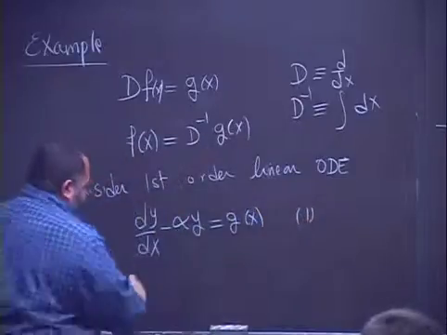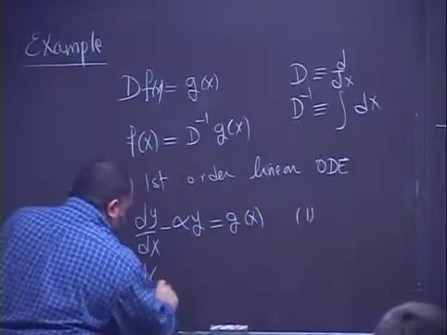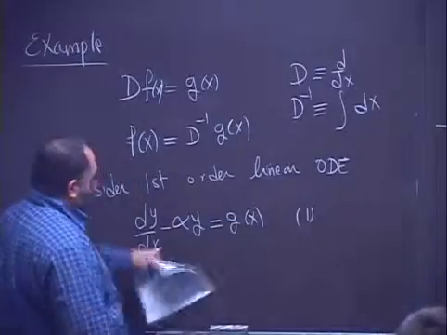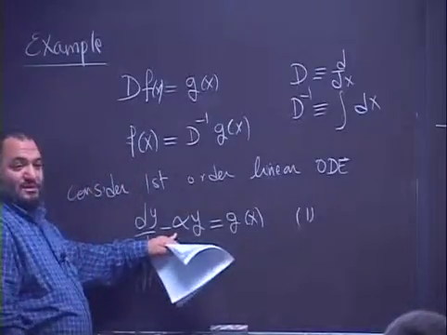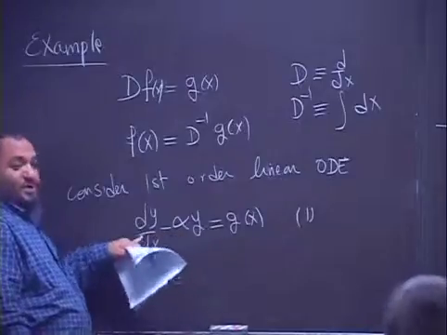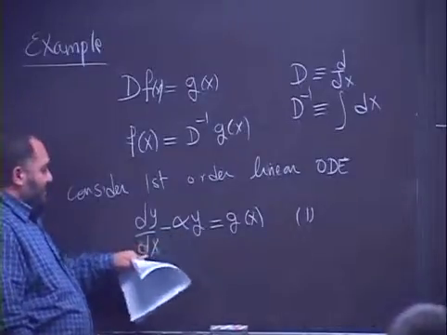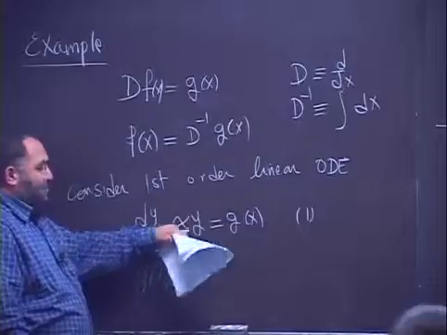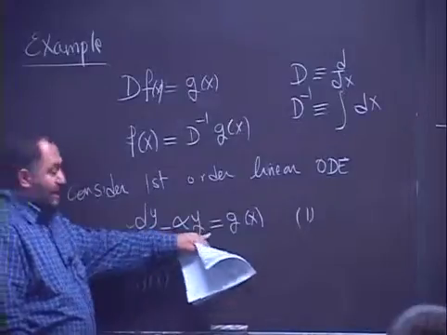What's the solution for this one? You remember, this is the first order differential equation, and the form for this one was dy by dx plus p of x y of x equal to q of x.